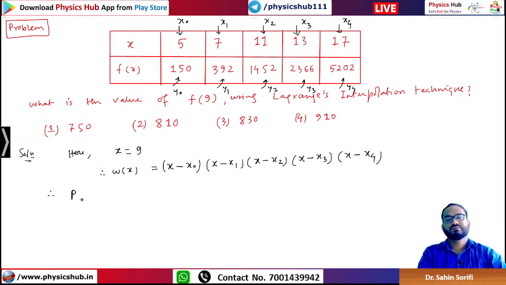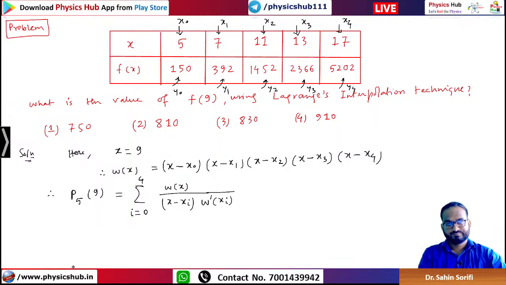We need to find P5 actually, five values. So Pn equals 5, na? P5 of 9. What was the formula? w of x by (x minus xi) w prime of xi, i equals 0 to, here it is 4, right? 0 to 4. So how many terms will you get? Five terms.